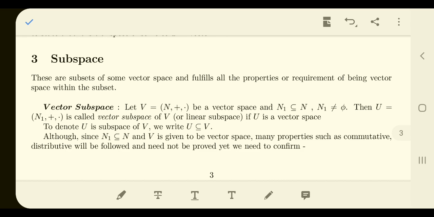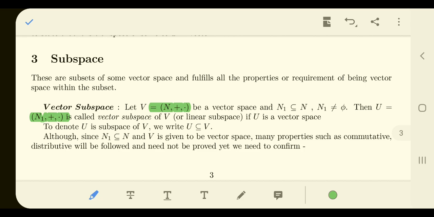Let us suppose that you have a vector space V, and you have another thing, U, which has the same operations, and the field is exactly the same as that of real numbers.